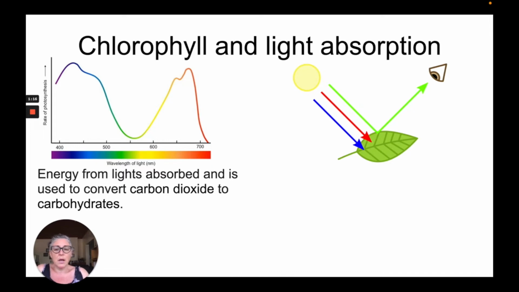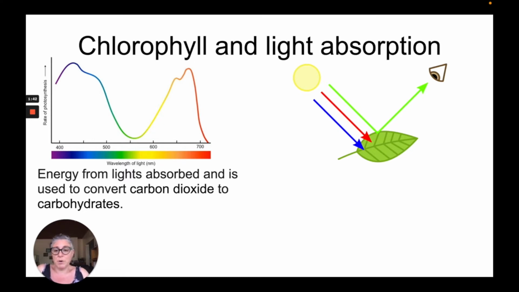Now, this is a little bit more physics than biology, but it's important to understand, because energy from absorbed light is going to be used to convert carbon dioxide into carbohydrates. So we need those particular wavelengths of light in order for photosynthesis to occur.